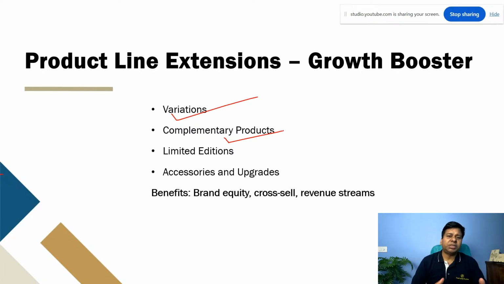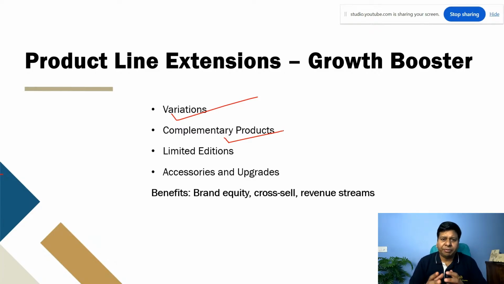Sometimes you must be seeing the offer to upgrade your existing product with the new one with only this much amount. Upgrade your Windows 10 with, or Office 365, upgrade your MS Office version. So these are the upgrades.